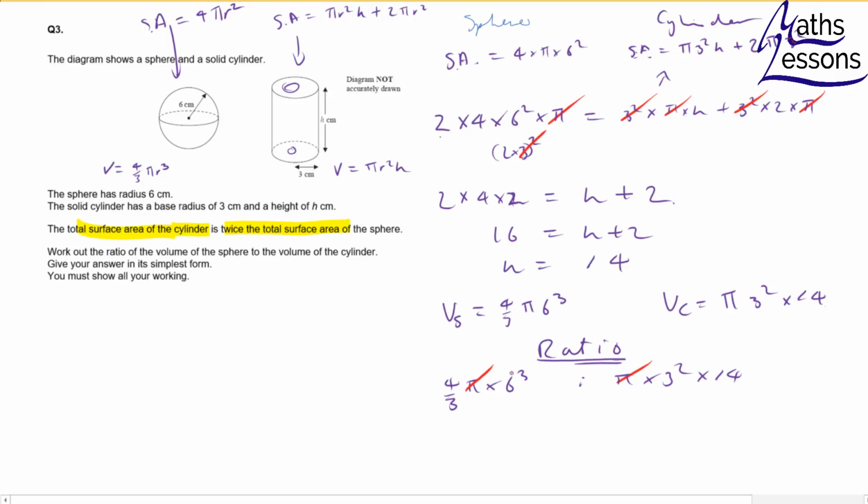We've got a 6 cubed here, and a 3 squared here, and a 3 there. Let's make it simple: I'm going to take that 3 to the other side and make it a cube here. And we know that 6 cubed is the same as 2 times 3 all cubed. So we can cancel out that 3 cubed with that 3 cubed. So we're just left with 4 times 2 cubed, to 14.